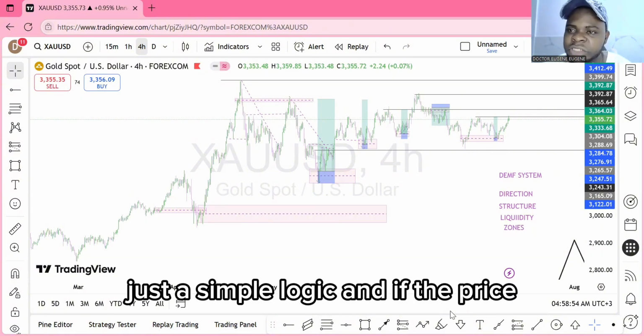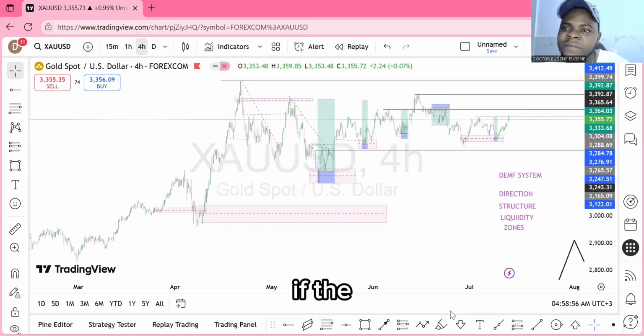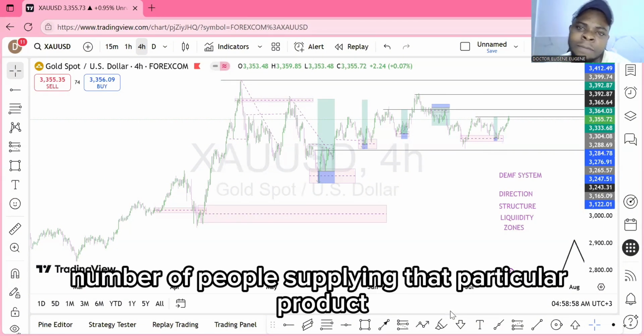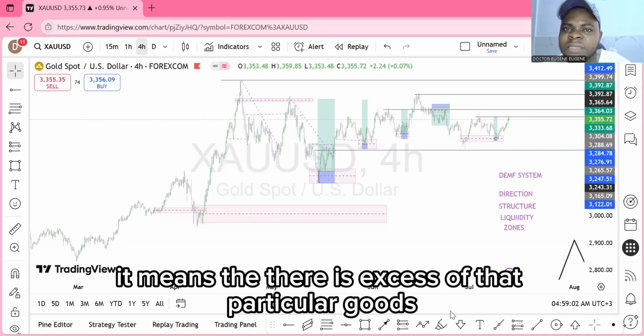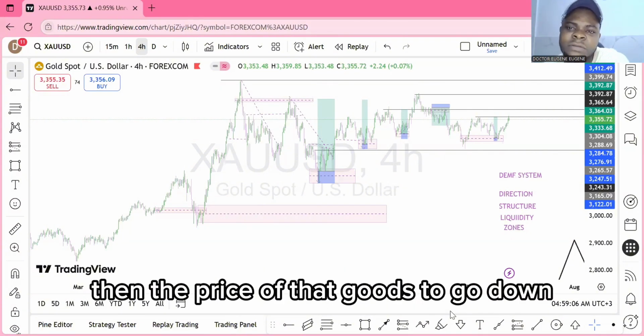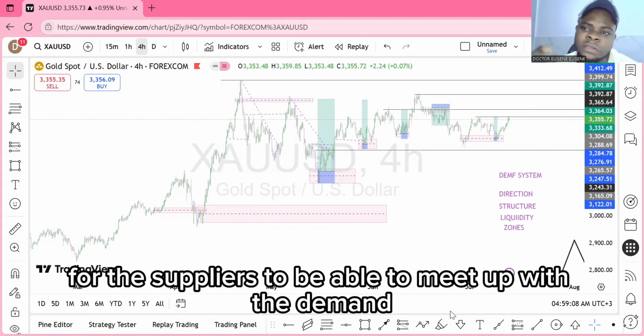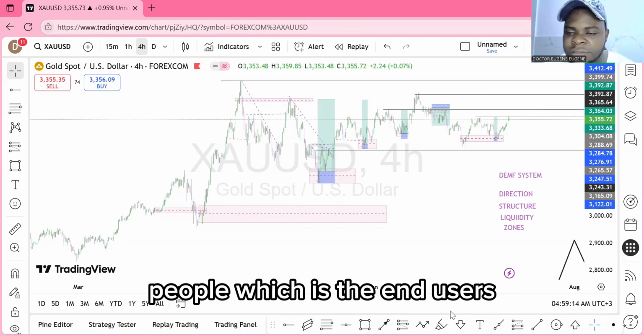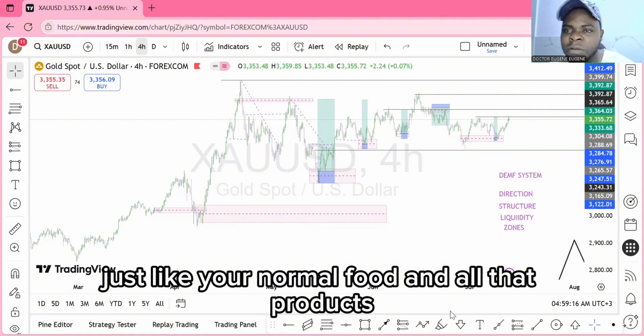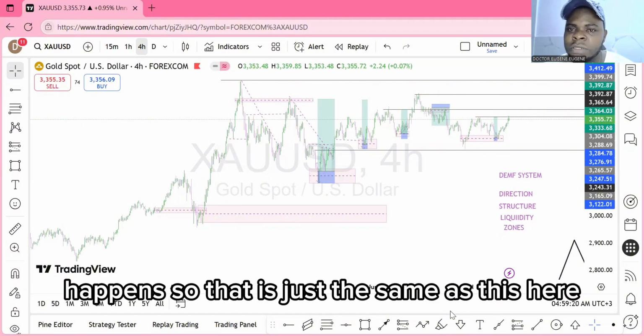Just a simple logic. And if the number of people supplying that product eventually increases, it means there is an excess of that goods, then the price will go down for the suppliers to be able to meet up with the demand people, which is the end users. Just like your normal food and other products happen. So that is just the same as this here.